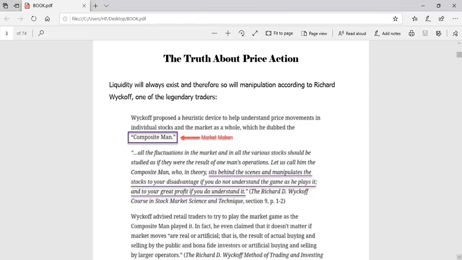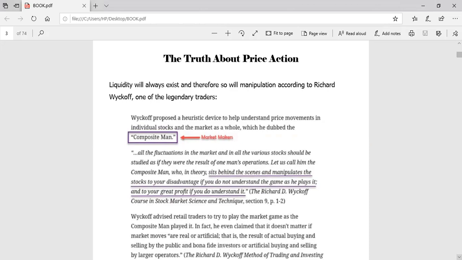Like this man said here, Wyckoff, that liquidity will always exist, and therefore so will manipulation, according to Richard, one of the legendary traders. All the fluctuations that I've shown you in the market should be studied as if they were the result of one mass operation, the market players.